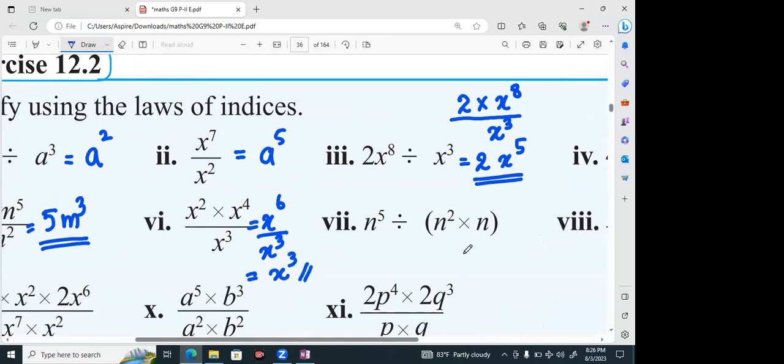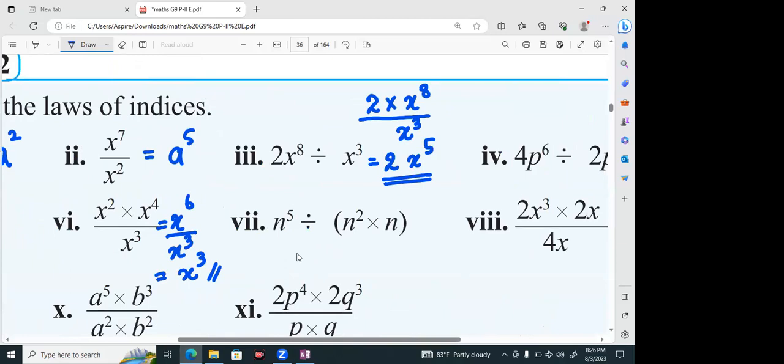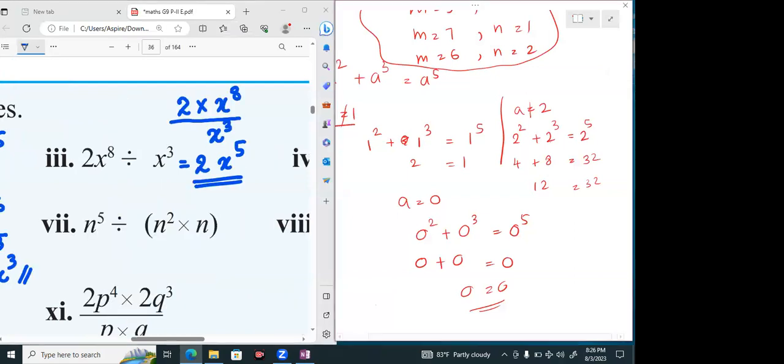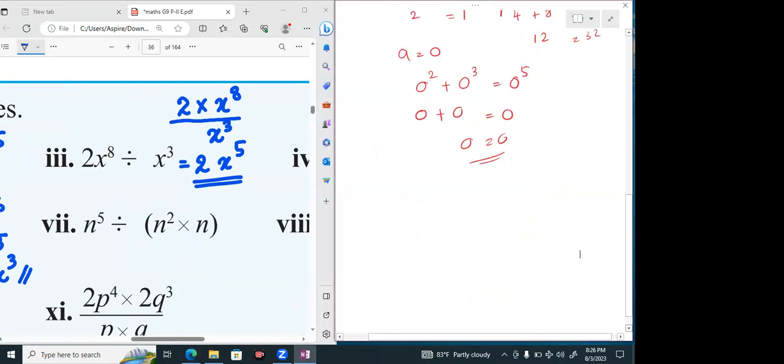Now here it is a bit different. It says n to the power of 5 divided by n to the power of 2 times n. Okay, it is done like this.